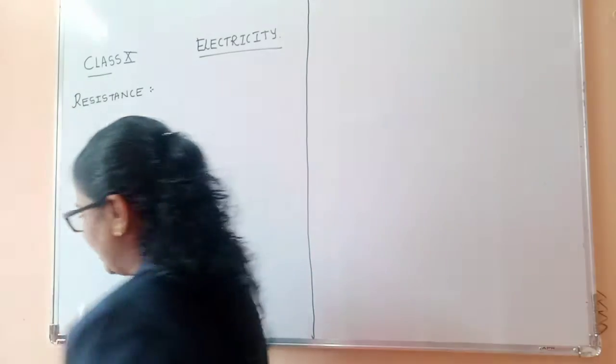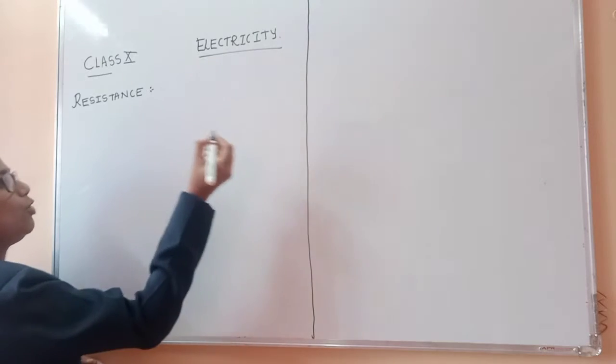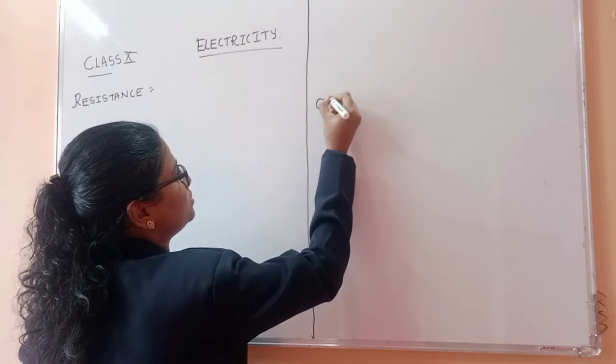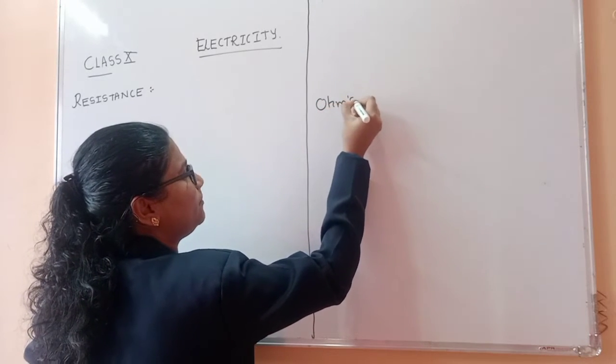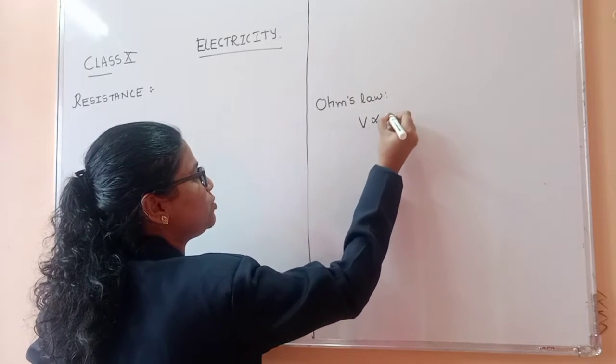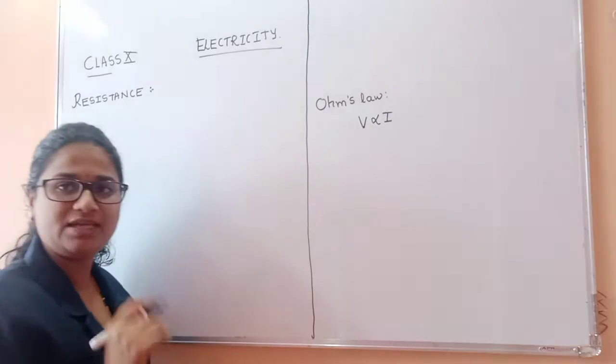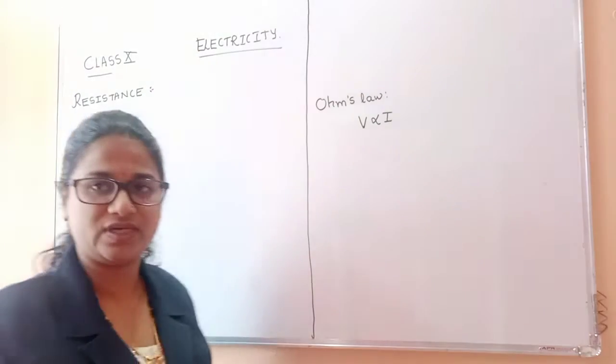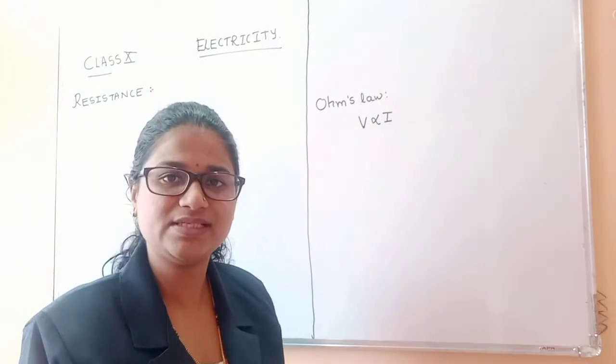So we know that according to Ohm's law, potential difference is always directly proportional to the flow of current, unless the temperature remains constant.